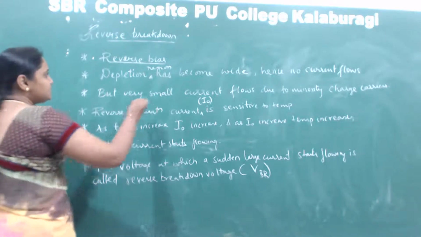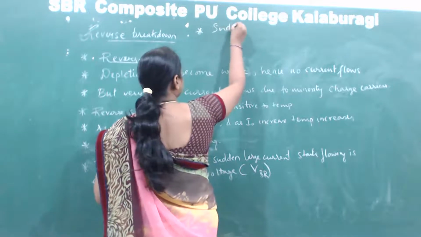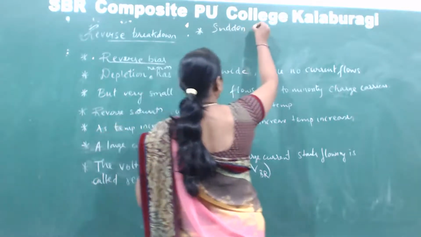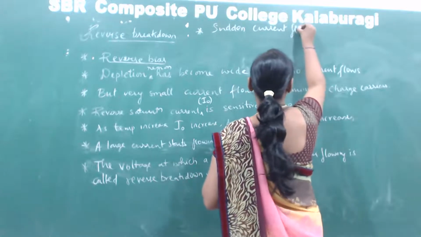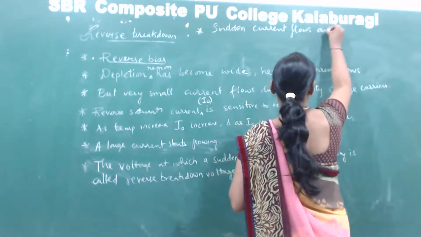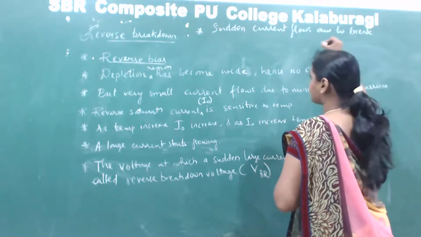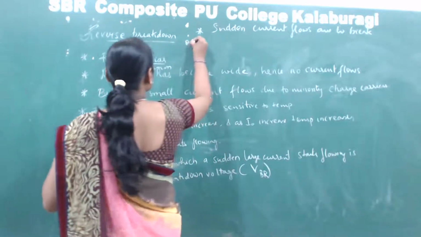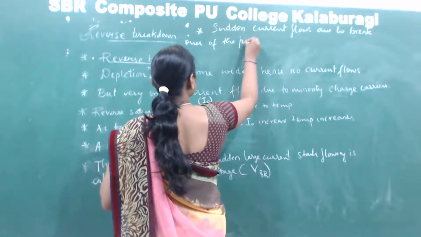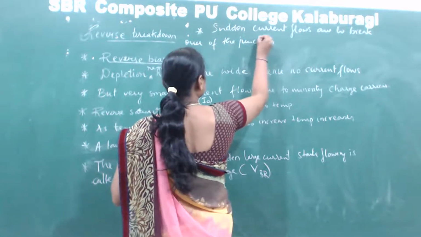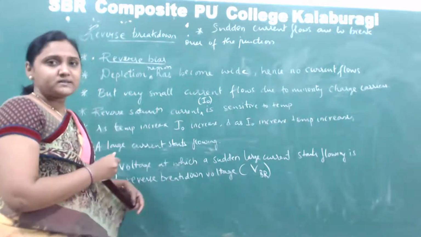This sudden current flows due to breakover of the junction. That means all the bonds inside are broken.